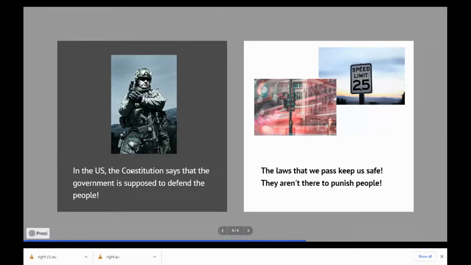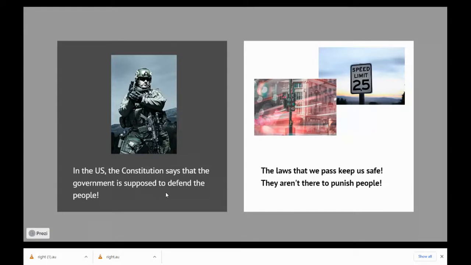And in the United States, not every country, but in the United States, the Constitution, which is that really important document that says what our government is going to be like, says that the main job of the government is to defend the people.